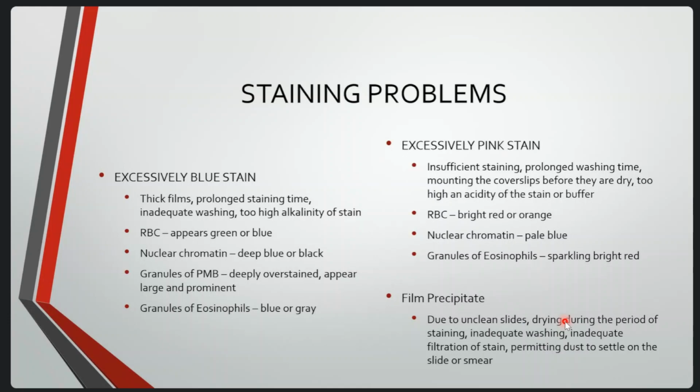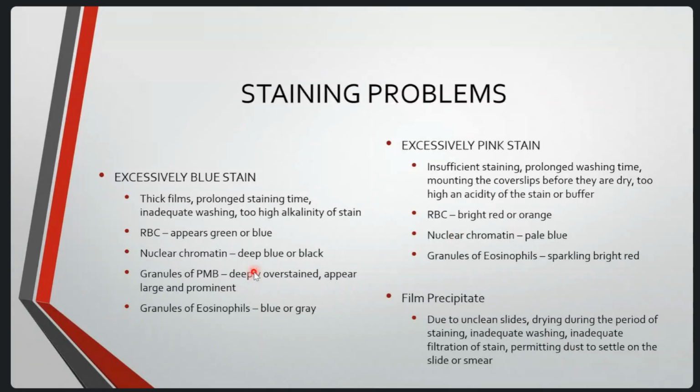Excessively blue can be because you have thick films, prolonged staining time, inadequate washing, or too high alkalinity of the stain. If it's excessively blue, the red blood cells appear green or blue, in comparison with excessively pink, where they can be bright red or orange.